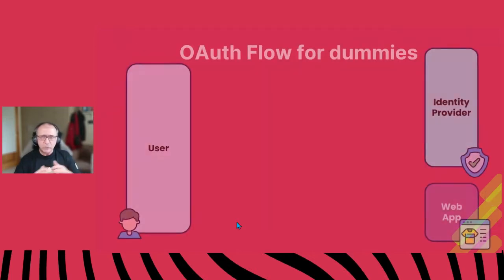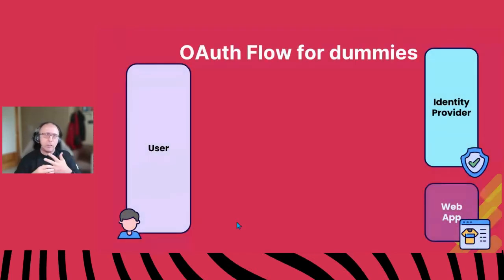And just to recap, what is the flow of OAuth authentication? This flow is very easy in this slide. I just want to emphasize what is the part of this flow in which the developer need to put their hands.